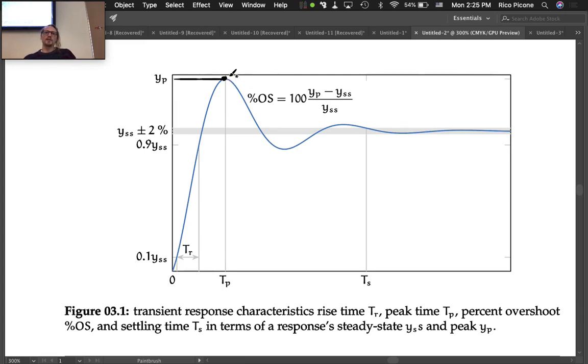And we subtract the steady state value, which is the value that the envelope is approaching as time goes to infinity. And we subtract that off, and then we divide by the steady state. So it's a percent difference, multiplied by 100 to get the percentage. And that's the percent overshoot.